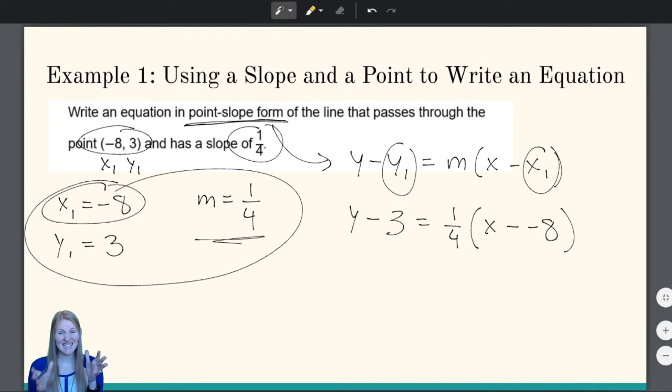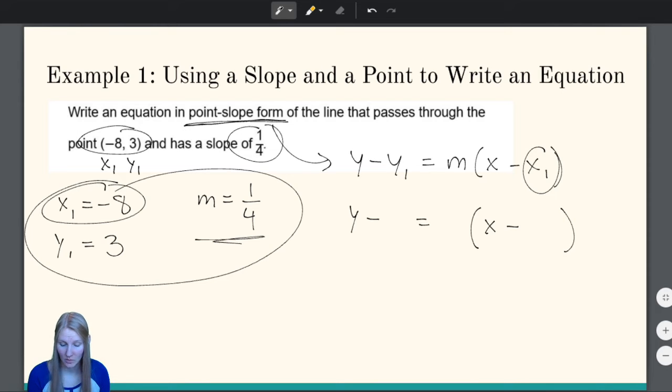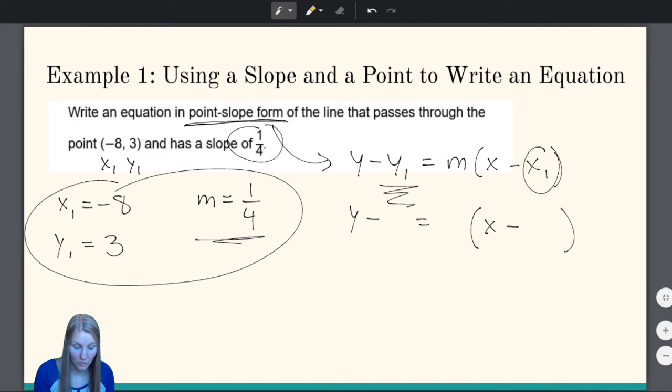Okay, and I did that kind of fast, so let's do that again. I have y minus y1. What is y1? Well, it's the y coordinate of the point that the problem gives me.